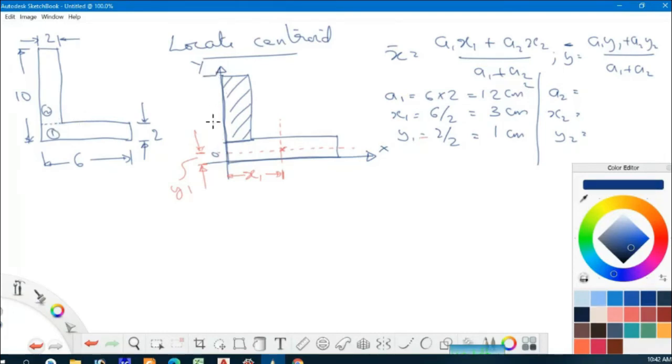So this distance will be only 8 centimeters because plus 2 will give you 10. This is 8 and the width of this is 2 centimeters. So the centroid of this rectangle of size 2 by 8 will be here.